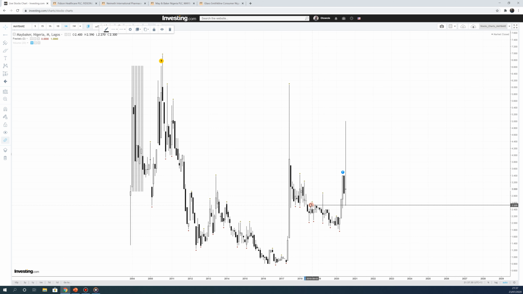So what I'll be looking at is about 2.6 thereabouts. This 2.6, but this is where liquidity is, 2 naira 52 kobo to 2 naira 60 kobo.